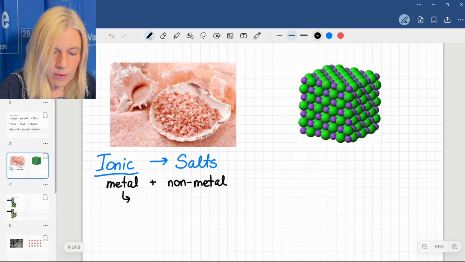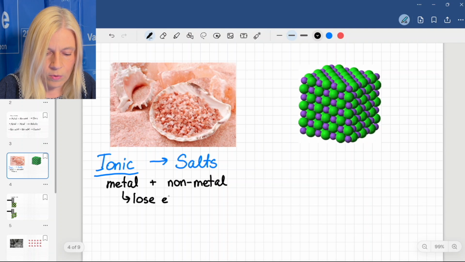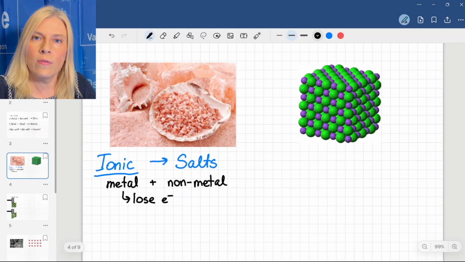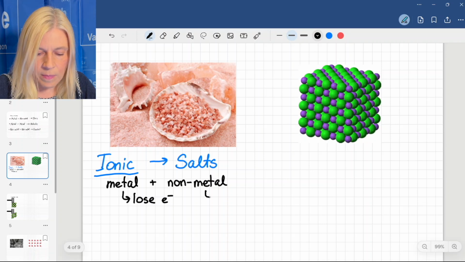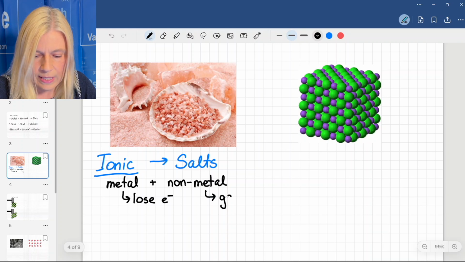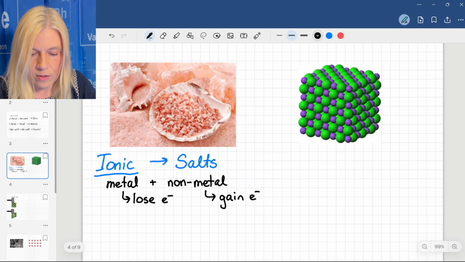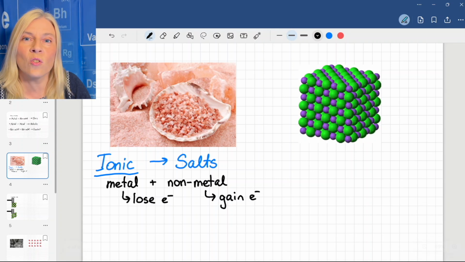Remember, a metal would like to lose electrons. Why does a metal want to lose electrons? To achieve that stable noble gas configuration, to have S and P filled. And the non-metals would like to gain electrons. It's easier for them to gain electrons than to lose. This is a great match.